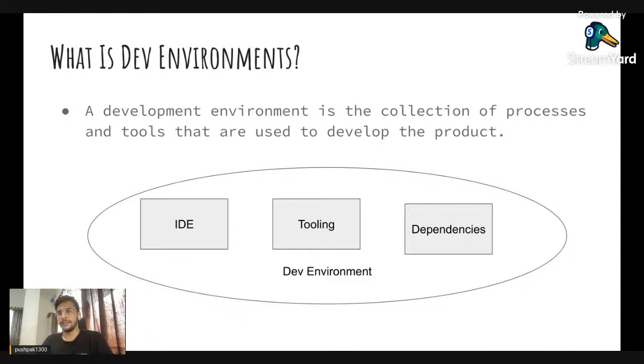Dependencies can be of two sorts: dependencies of your project, for example a specific PHP version and specific PHP extensions, and the dependencies of your Laravel application. The way you install Composer dependencies is also part of it. Combining all of these things comes under the very broad term called a dev environment.